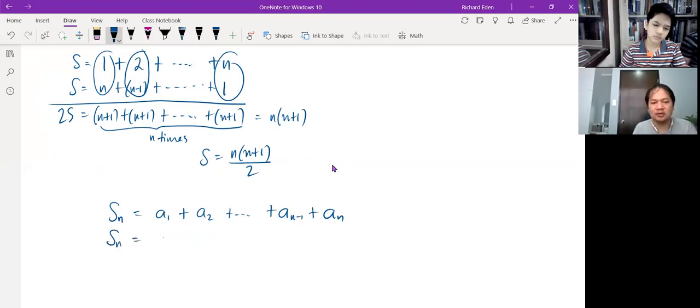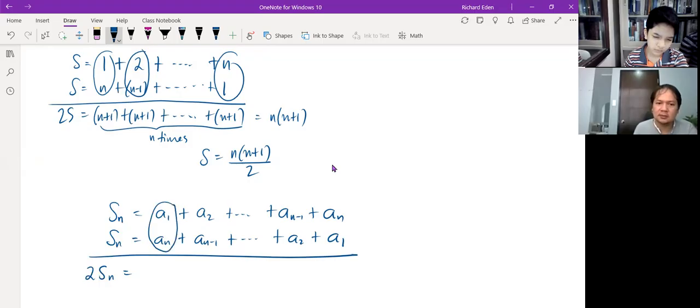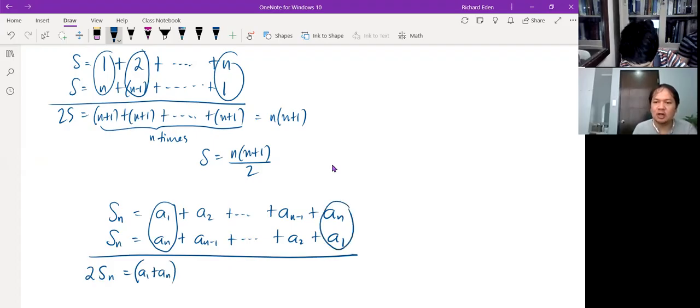Addition is commutative, so you can switch the order and then double s sub n. The first column sum is a1 plus an. For the last column, that sum is still the same, a1 plus a sub n.